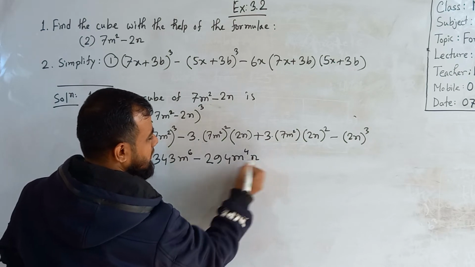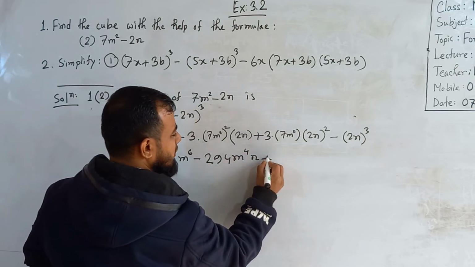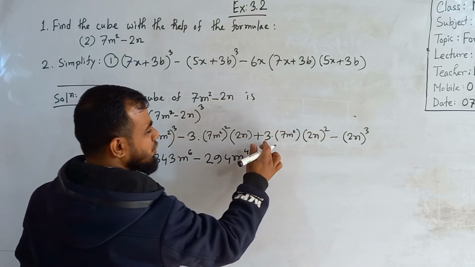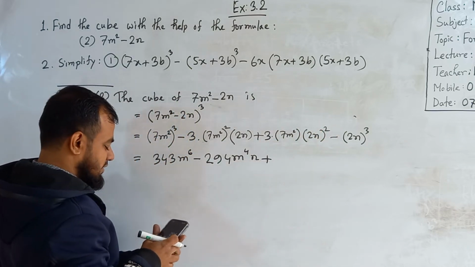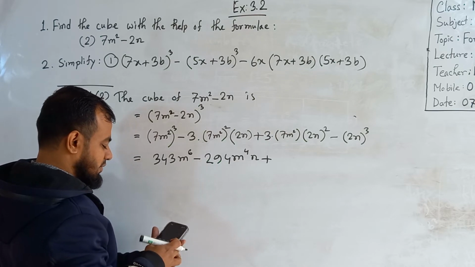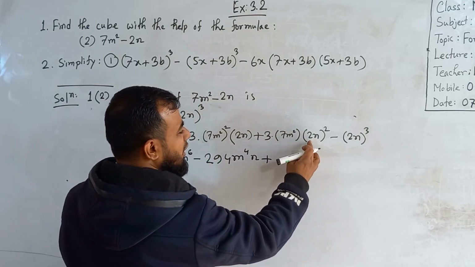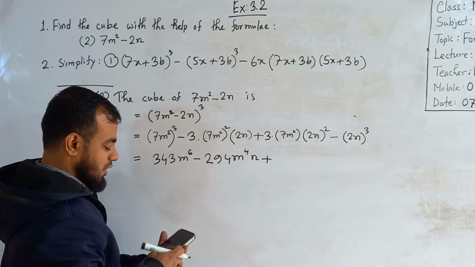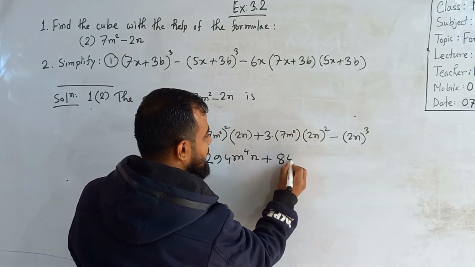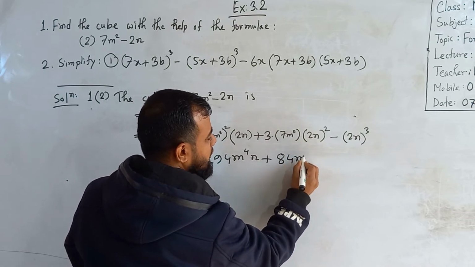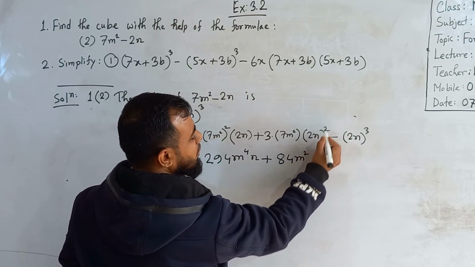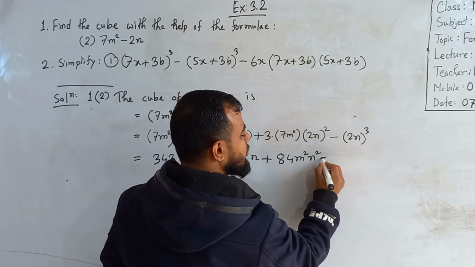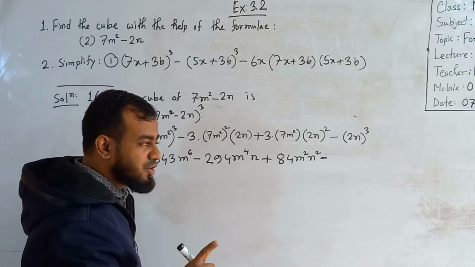Now the plus sign: 3, 7 and 2 squared are multiplied together. So 3 multiplied by 7 is 21, multiplied by 2 squared, 2 squared means 4, so 21 multiplied by 4 will be 84, 84 m squared, and here n has a square sign, so it will be n squared. The minus sign is 2n cube. 2 cube means 2 is multiplied 3 times.